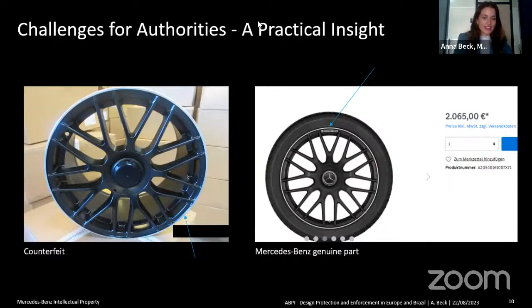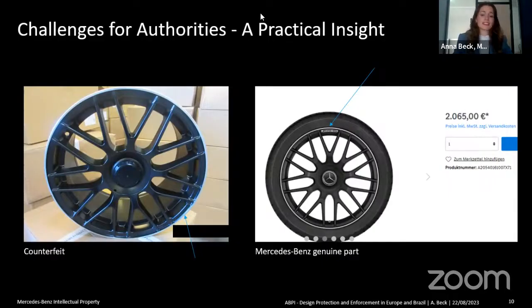I tried to highlight it on the left side and also on the right side. So in both pictures, you can see the blue arrow. But yeah, it's really hard to identify for authorities, especially during raids and of course at customs too.